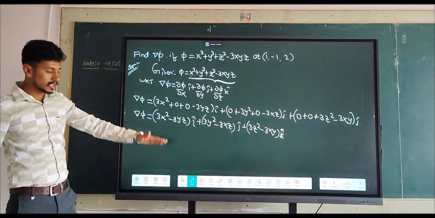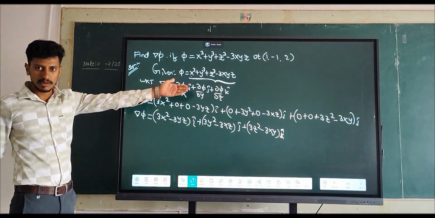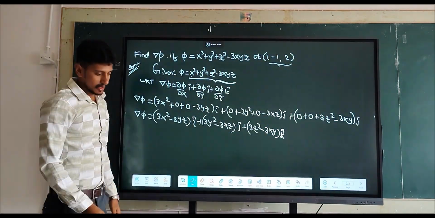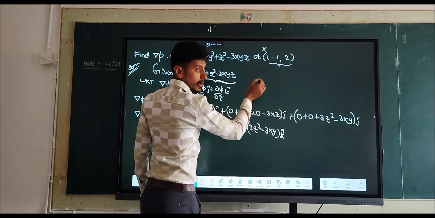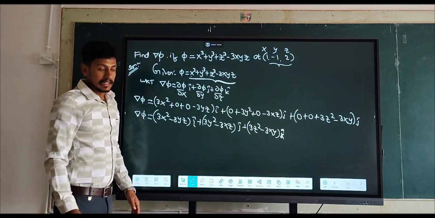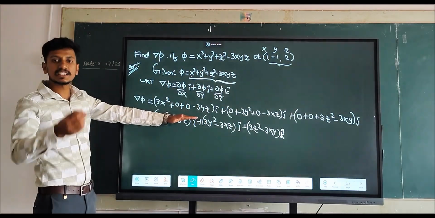So partial differentiation is completed. Now just go back to the question and see whether the points are given or not. See, here they have given 3 points: 1, minus 1 and 2. Here the value of x is 1, the value of y is minus 1, and the value of z is plus 2. Let us substitute these 3 values in the result and check what will happen.